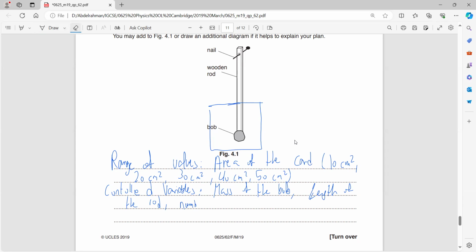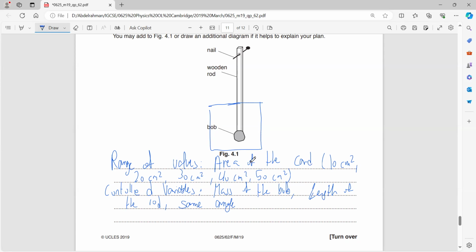But more importantly than the number of swings, you need to have the same angle, 30 degrees, 20 degrees, 25 degrees. These are some of the controlled variables.